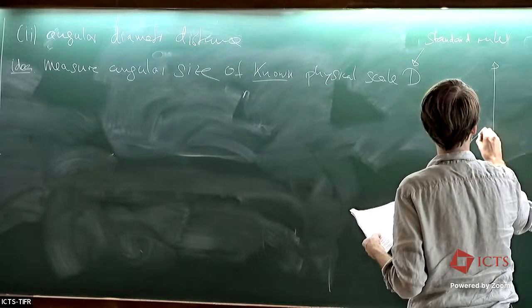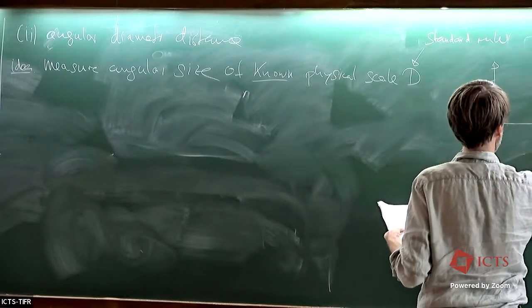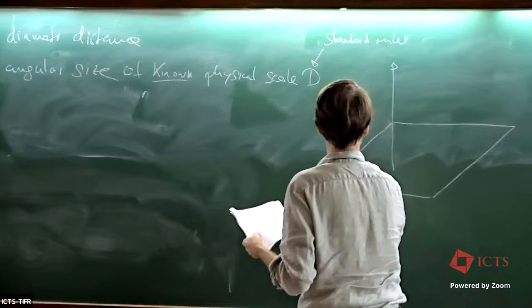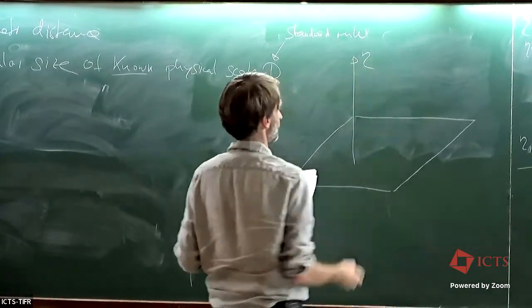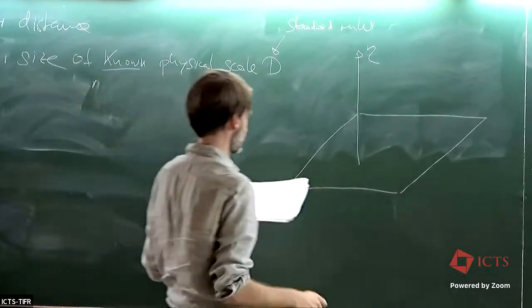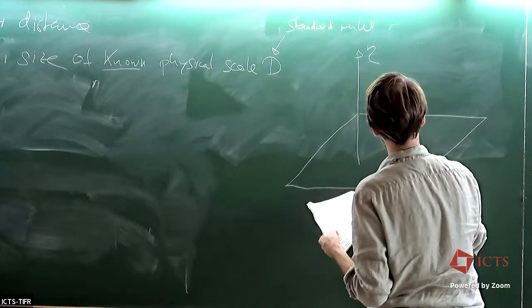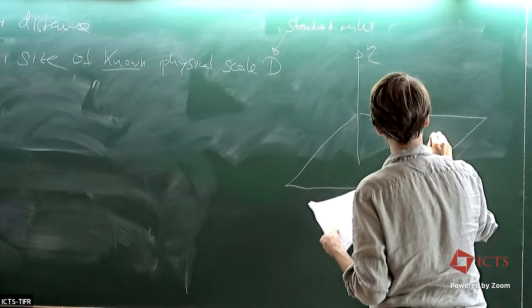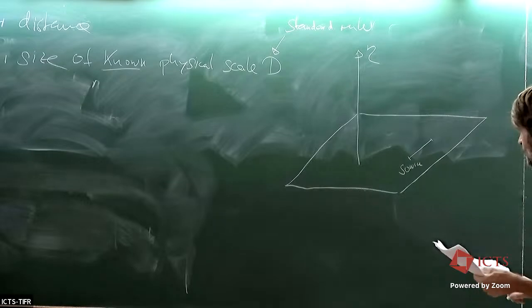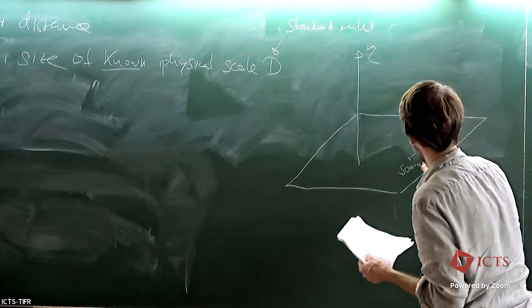So take a plane. Time moves upwards, so that's a spatial plane. And then we have some source sitting somewhere in this plane, and it corresponds to a certain length scale, d.